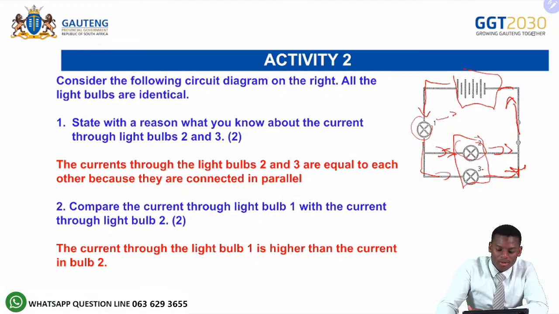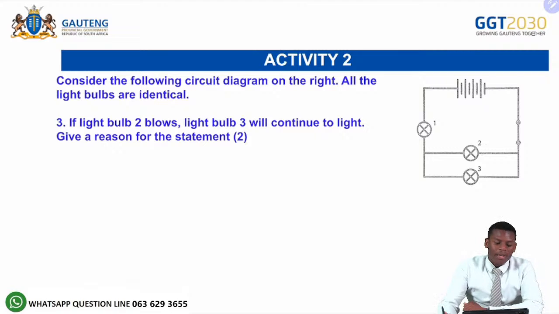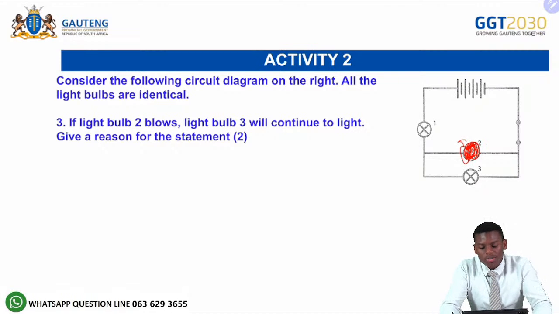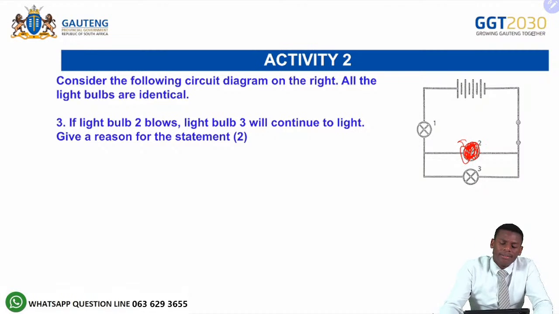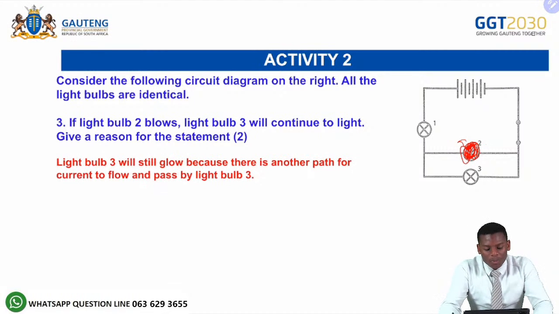All right, let's continue. The third question says, if light bulb 2 blows, what do they mean by that? Blows, goes off. If light bulb 2 goes off, light bulb 3 will continue to light. Why is that? Light bulb 3 will glow because there is another path for current to flow and pass by light bulb 3.